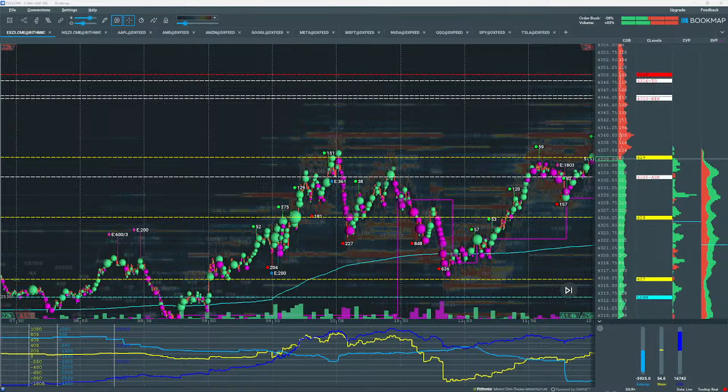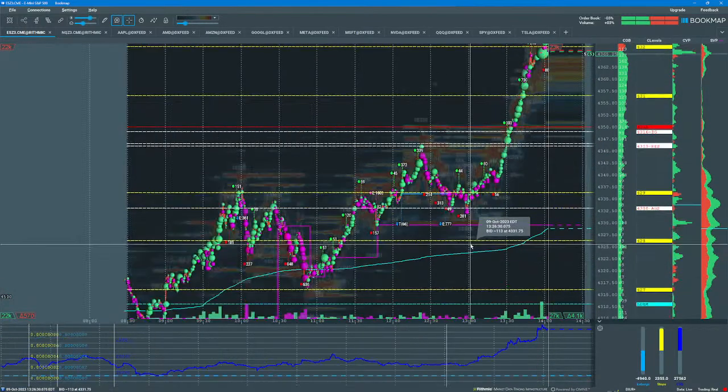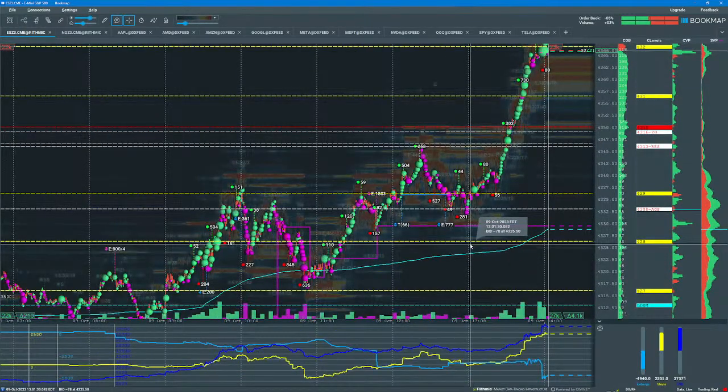Pretty clear read looking at hedging flow in Hero as well as order flow in Bookmap. All right, we'll zoom out. So again, that turns out to be not so significant in the overall scheme of things today.